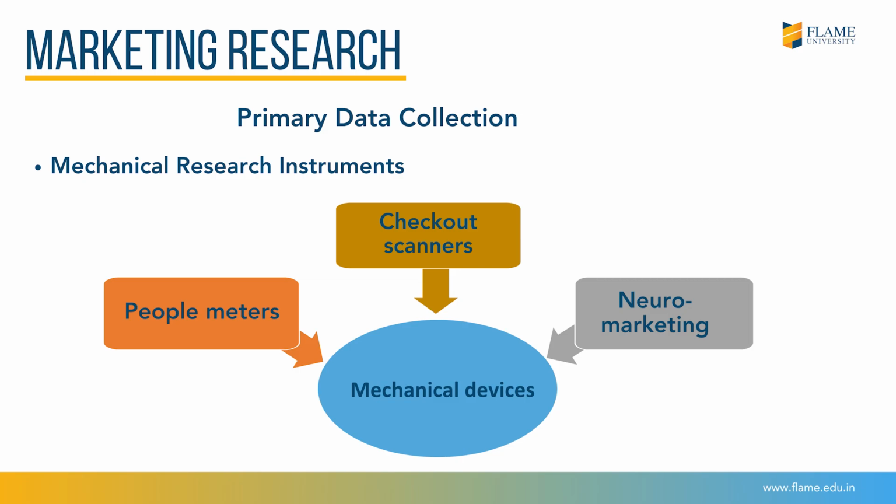Companies also use biometric sensors, eye tracking technology, and even facial recognition to analyze customer behavior. For example, a supermarket might use facial recognition software to analyze customer emotions when they see a new product display. That's about mechanical devices that are used to collect information.